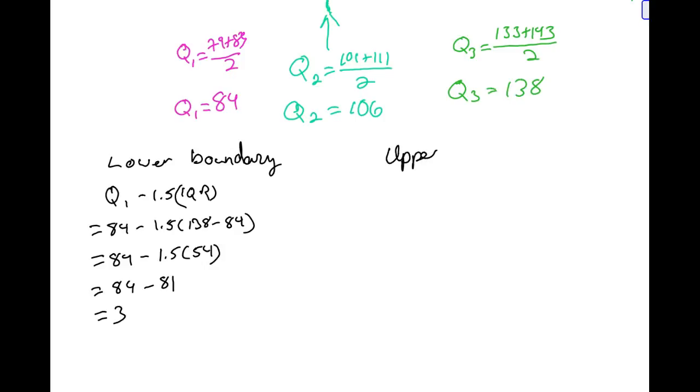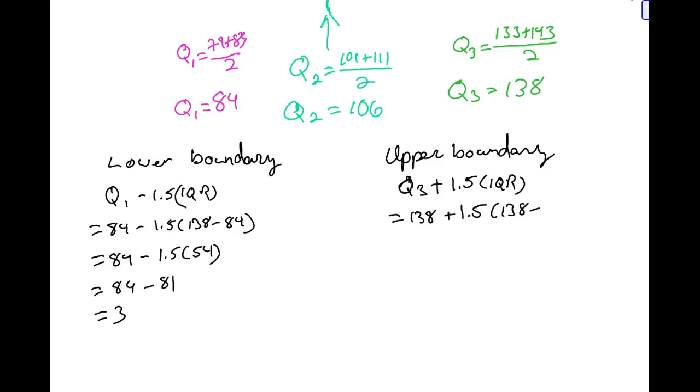I'm going to do the same thing with my upper boundary. That's Q3 plus 1.5 times my IQR. So that's 138 plus 1.5 times 138 minus 84.